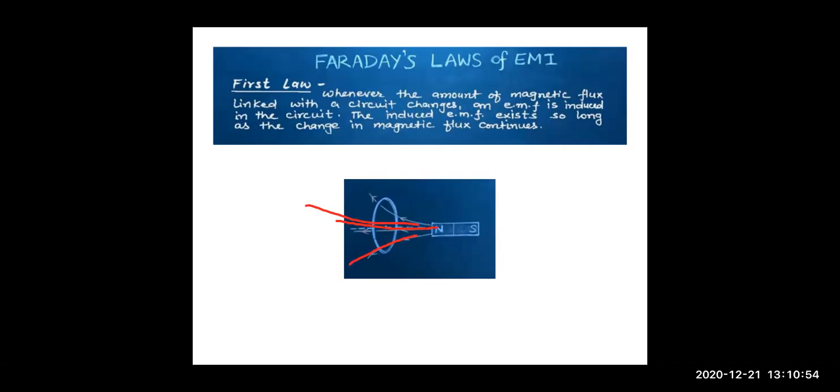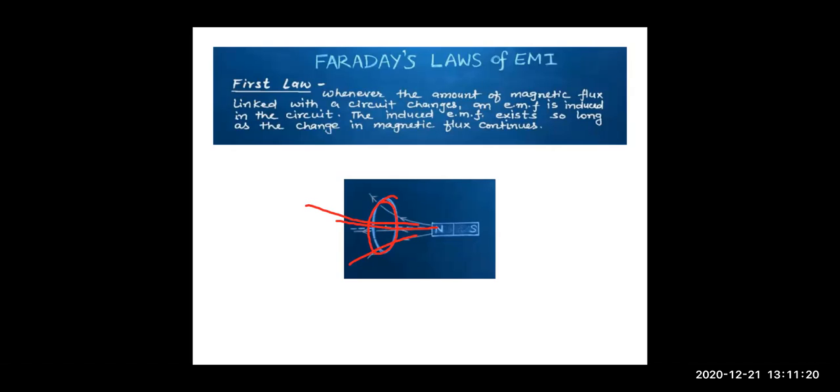Magnetic flux is changing when you are bringing the north pole of the magnet near the coil. So due to the changing magnetic flux that is passing through the coil, an EMF is induced in the circuit. Your EMF will be produced till the magnetic flux changes.